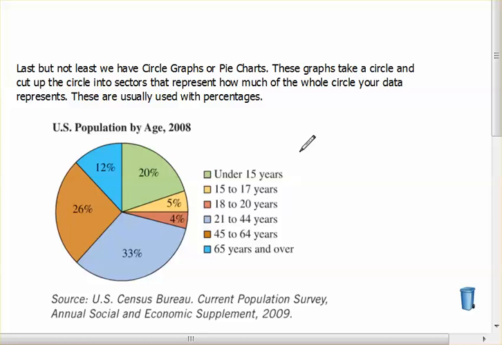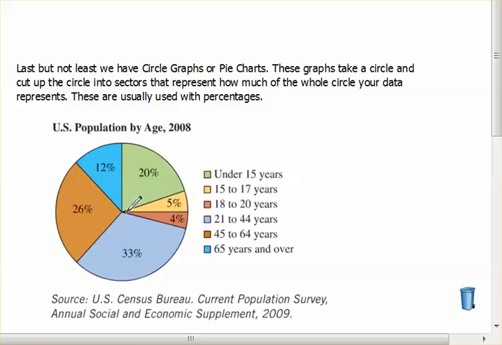And again, what they have done is take that frequency table and change everything over to percentages and then block off that corresponding percent of the circle. So 26% is just a little bit more than a quarter.